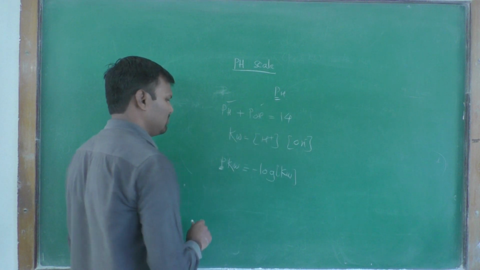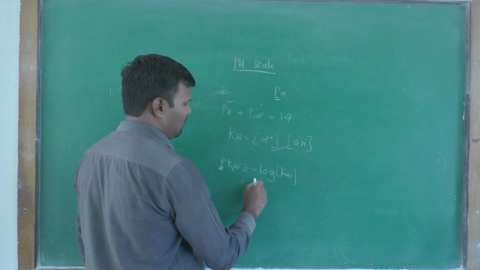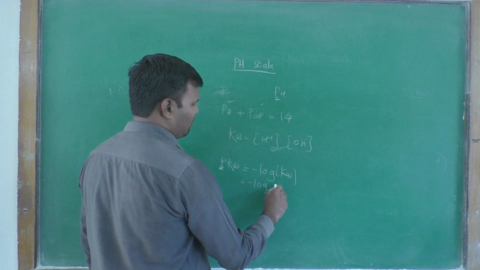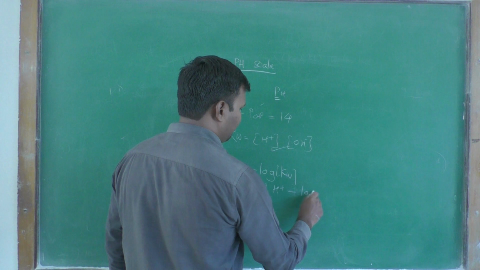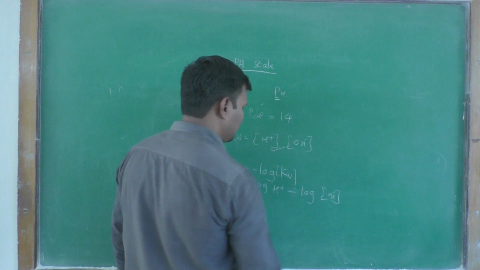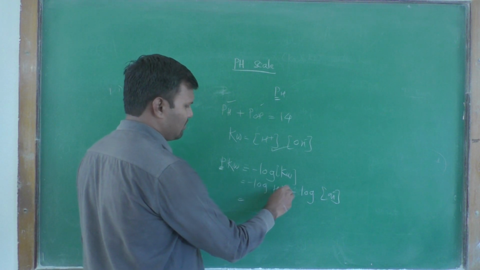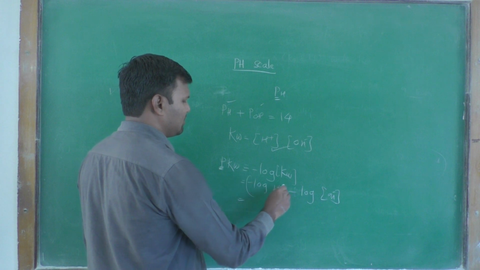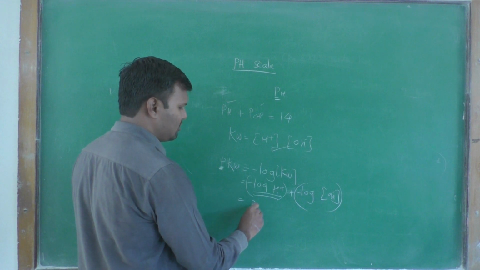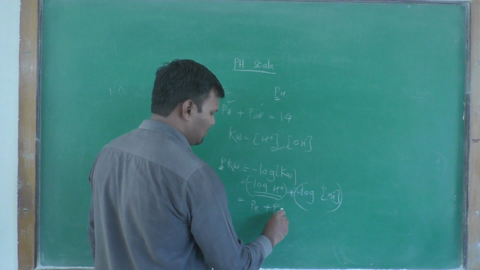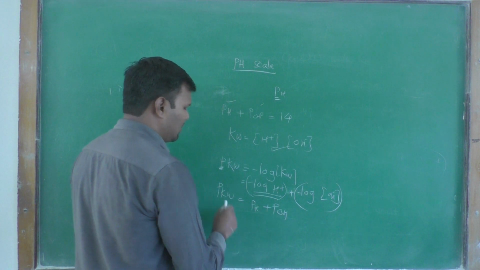Therefore pKw is equal to minus log of H plus plus minus log of OH minus, which is nothing but pH plus pOH.